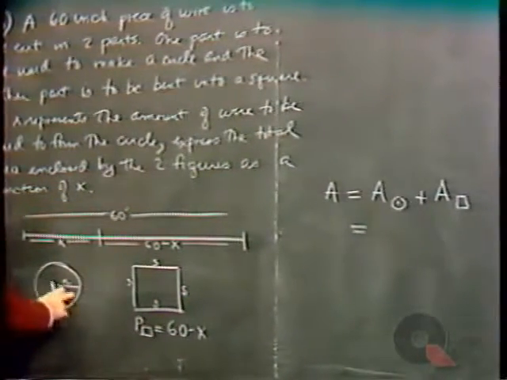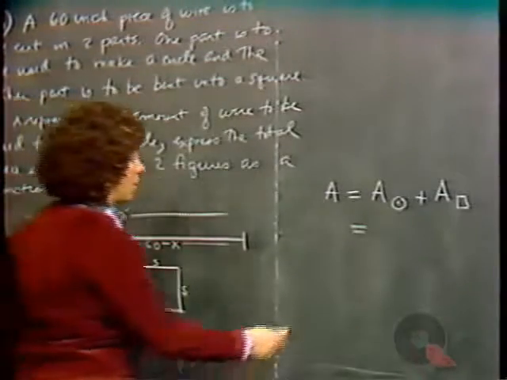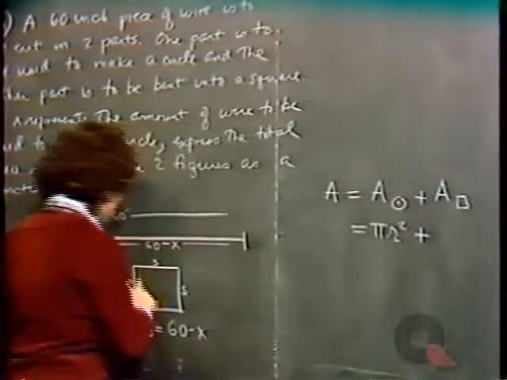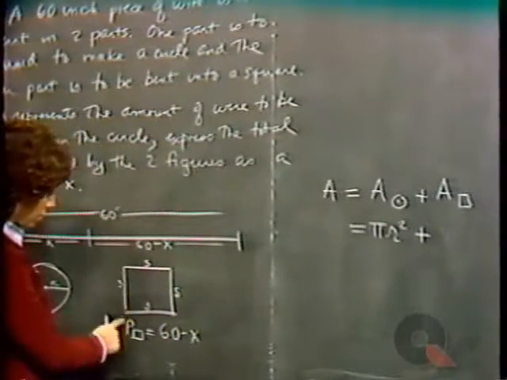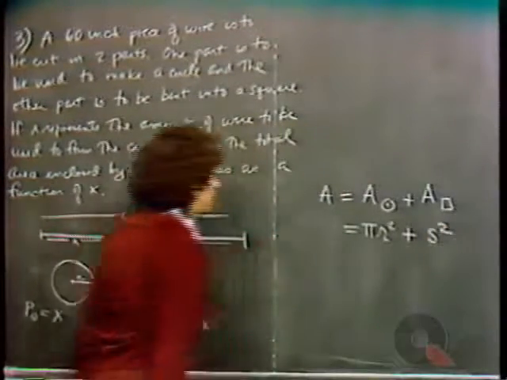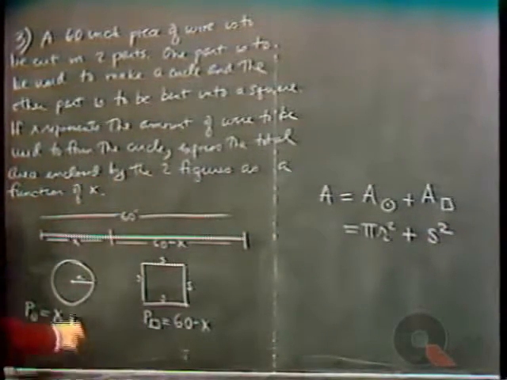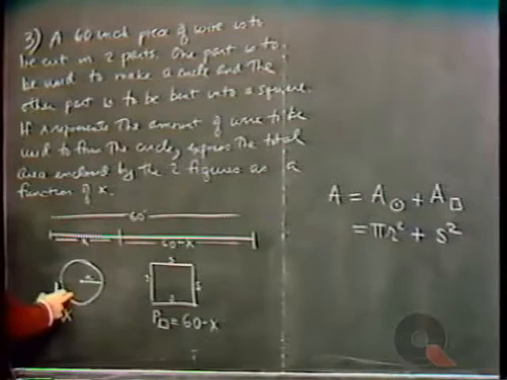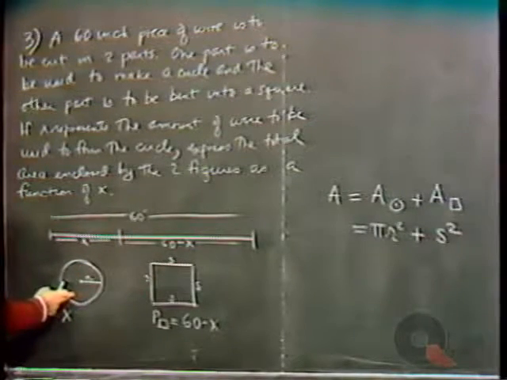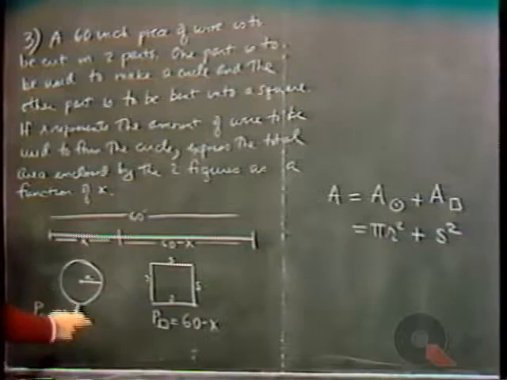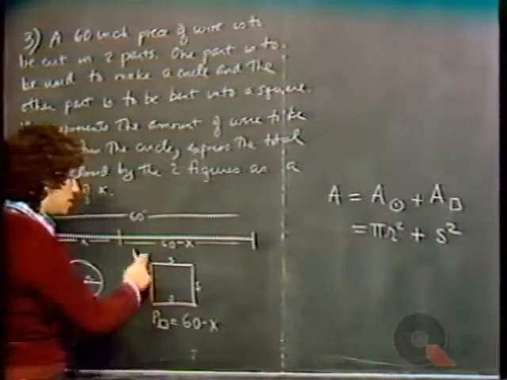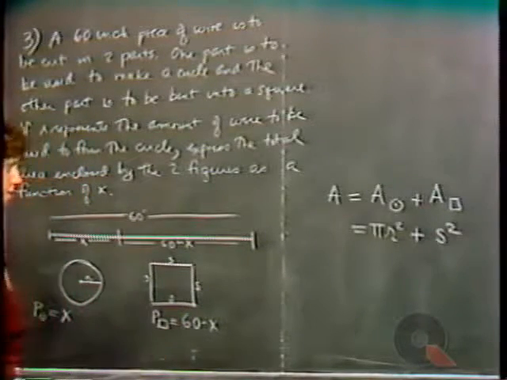The area of a circle of radius r is pi r squared. The area of a square whose edge has length s is s times s, or s squared.